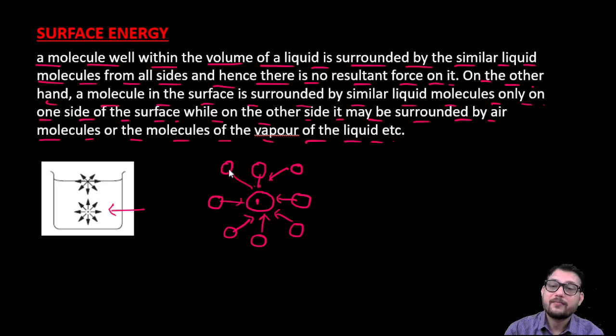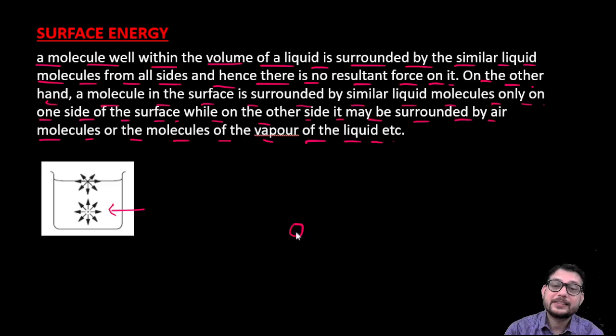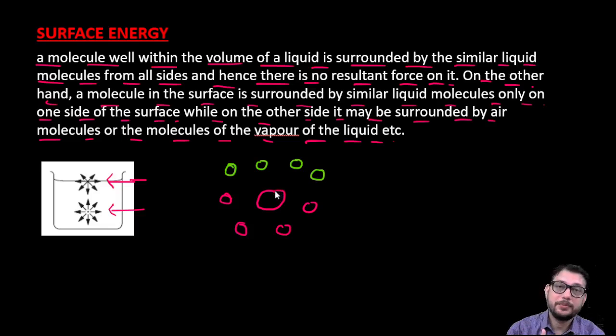It means if this molecule comes to the surface of the fluid, below it the same type of molecules are there, but on the upper side there will be different types of molecules, maybe of air, maybe of vapor, as it is written here.